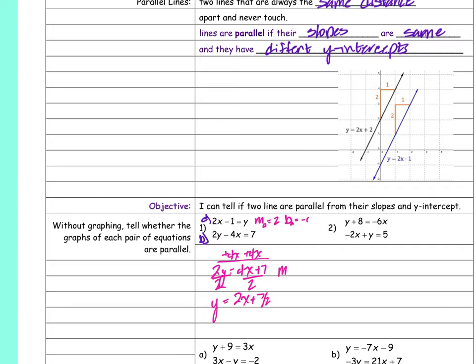And then the slope of line B is 2, and the y-intercept of line B is 7 halves. So my slopes are the same, slope 2, and my y-intercepts are different. So my lines are parallel.